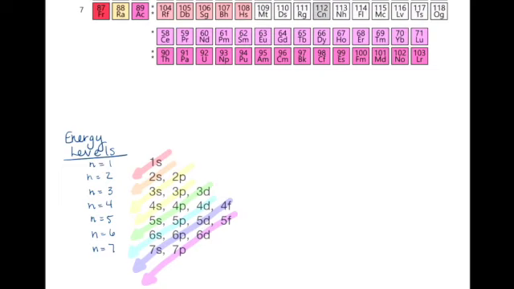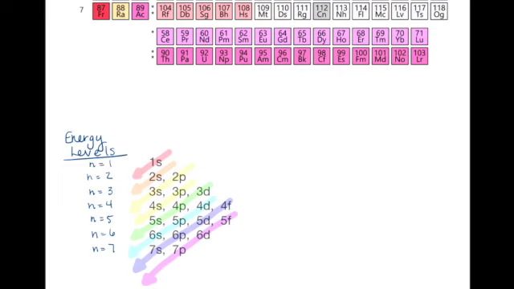For 3, we have s, p, and d. For 4, we have s, p, d, and f. For 5, we have s, p, d, and f. For 6, we have s, p, d. And then for 7, we only have s and p. It'll make sense why we have certain ones for each when we look at the periodic table and the patterns that we see with that.